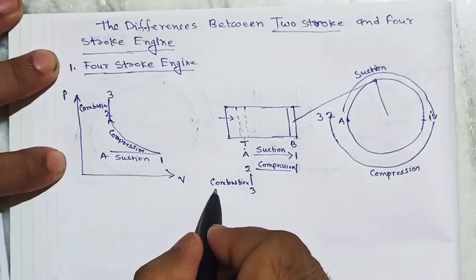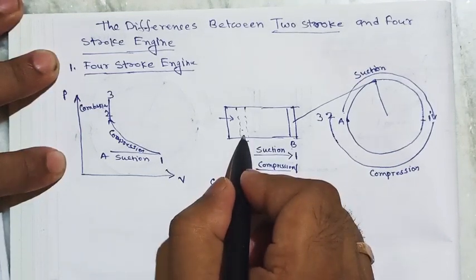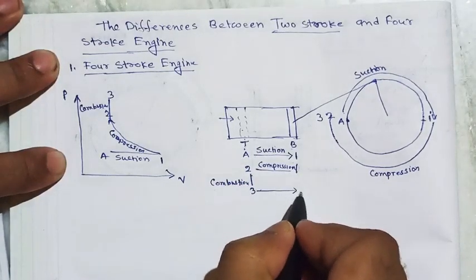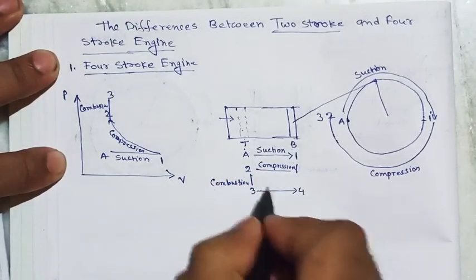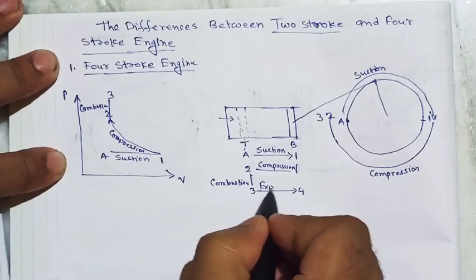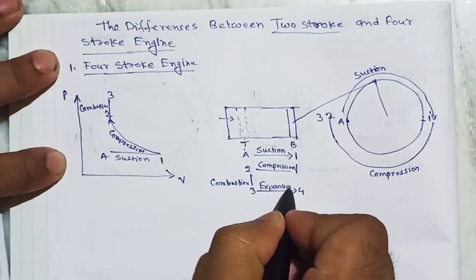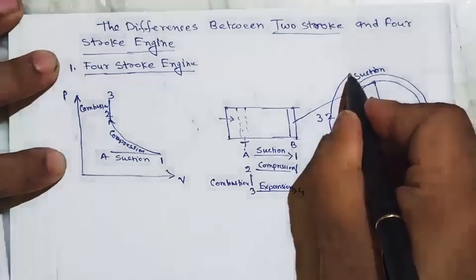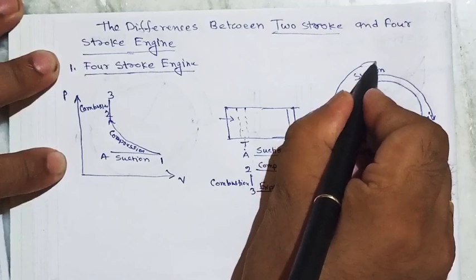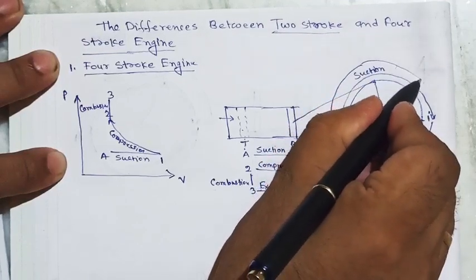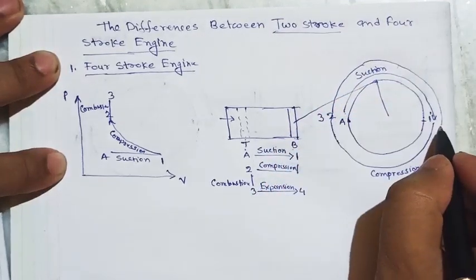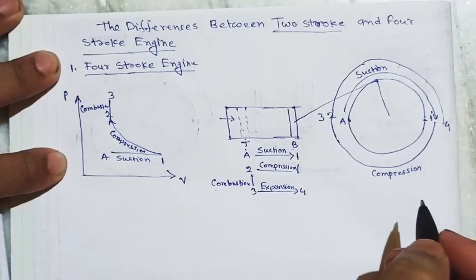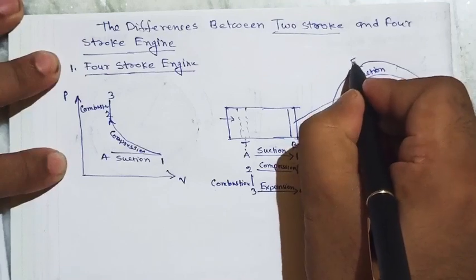After the combustion, this piston will move by the expansion process, from 3 to 4. This crank will rotate due to the expansion process, and it will reach this point. This point will be the 4 point, and this process is expansion.